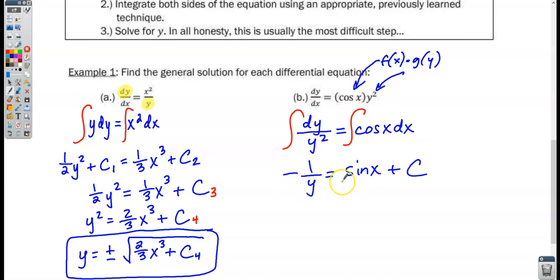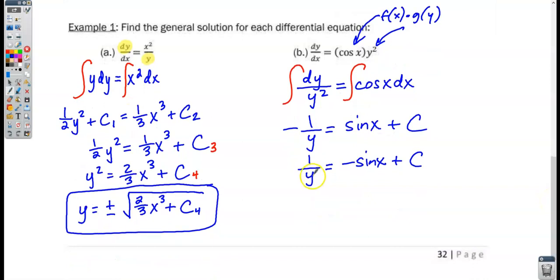Now we need to solve this for y, so I'm going to multiply both sides by a negative. Sine of x times a negative 1 is negative sine of x. A constant times negative 1 is yet another different constant. And then in order to get y here, I'm going to reciprocate the problem.